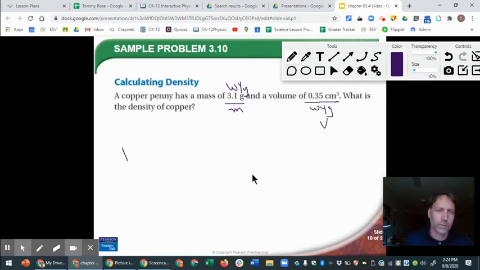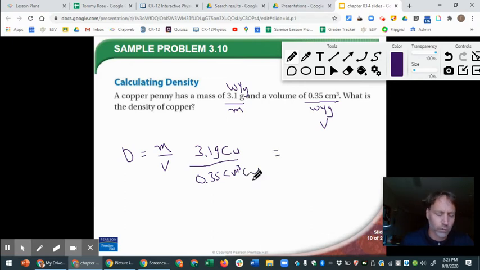So remember, density is mass divided by volume. So 3.1 grams of copper, divided by 0.35 cubic centimeters of copper.